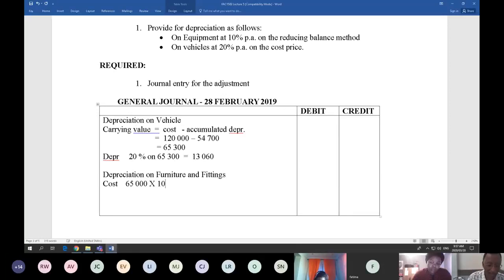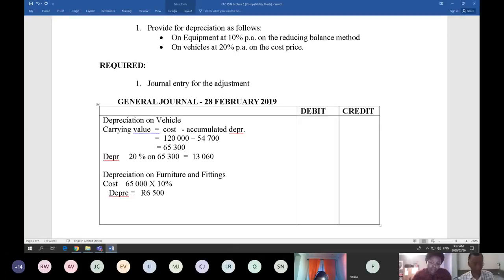And you must take 10% on that amount. And that will give you depreciation on your furniture and fittings of 6,500 Rand. Okay, so we have calculated now the depreciation on vehicles to be 13,060 and the depreciation on furniture and fittings to be 6,500 Rand.